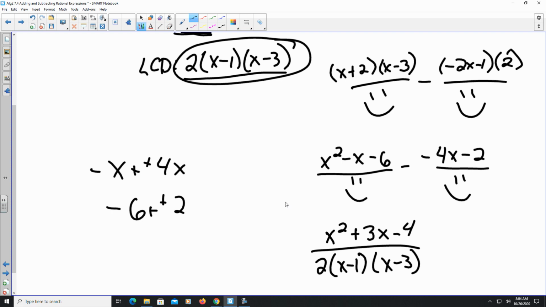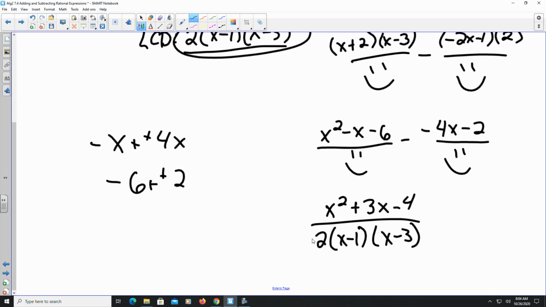So what I want to take a look at here is, can I factor out this numerator even more, which means it may allow us to cancel some more out. So let's take a look. So this is going to be what? Parentheses, parentheses. I got x and x, different signs, larger number attached to the minus.